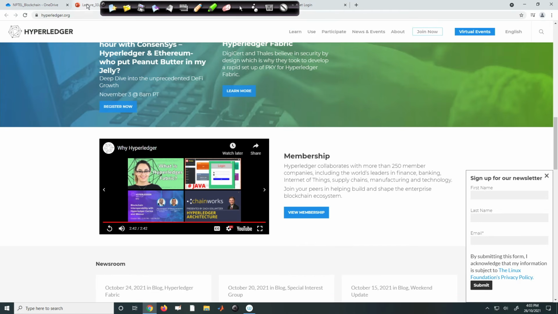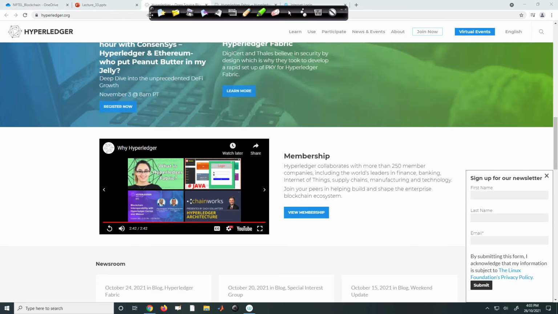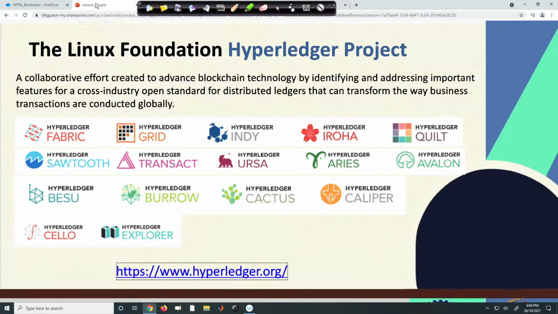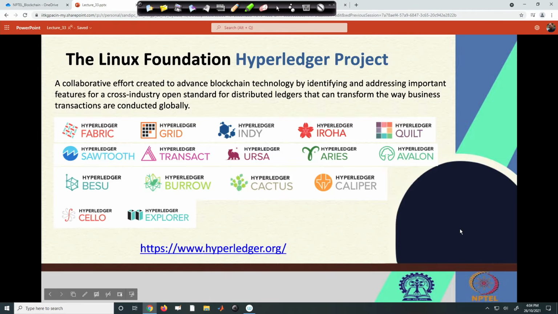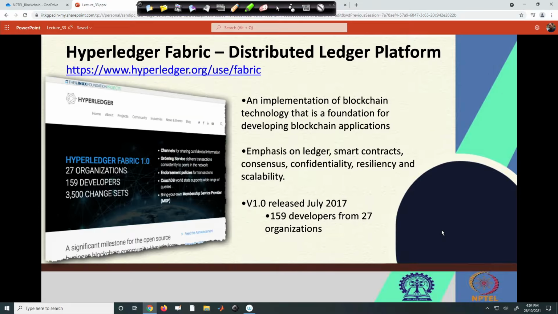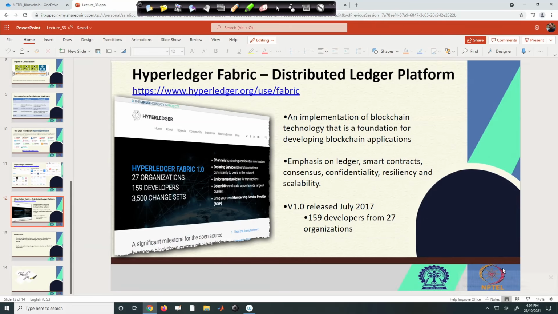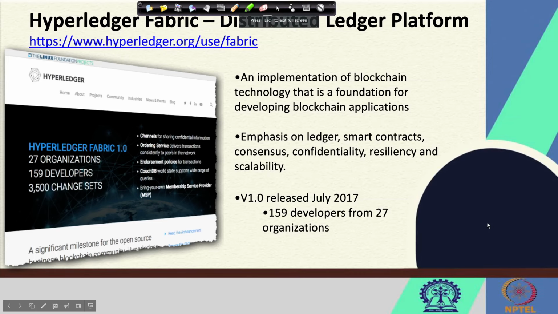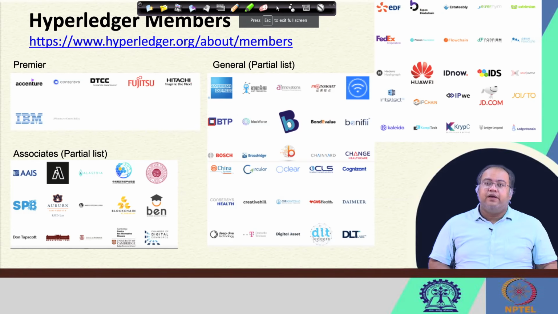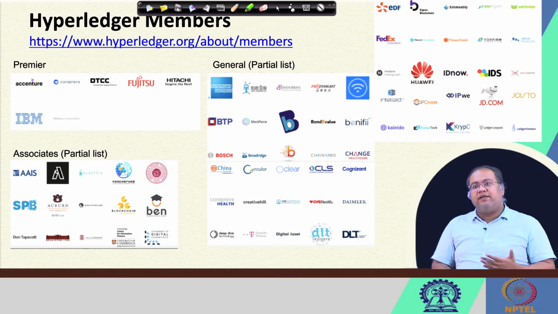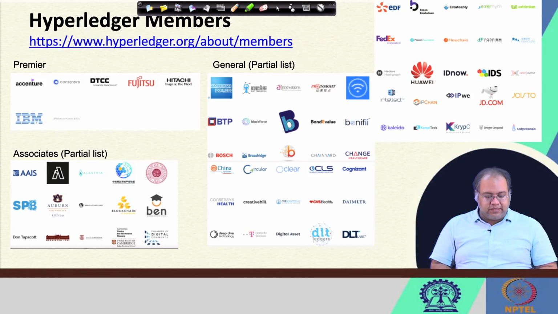So, as you have seen, this Hyperledger community is a really diverse community that spans different companies or different enterprises. Just to highlight the members who are associated with this Hyperledger project, it is a large list.